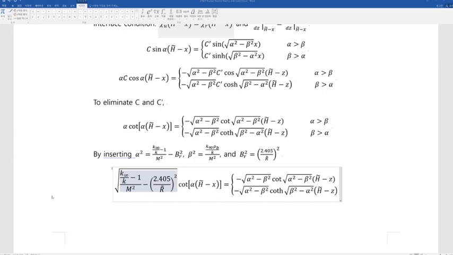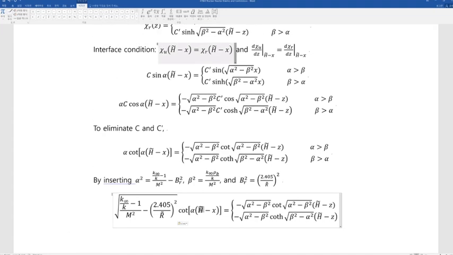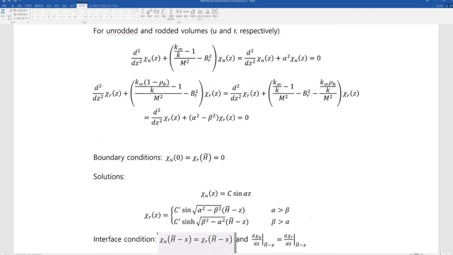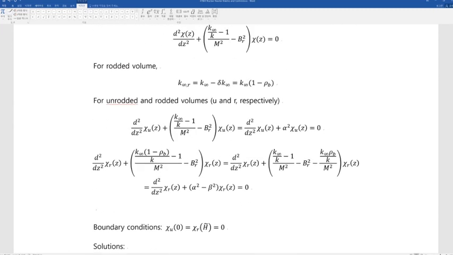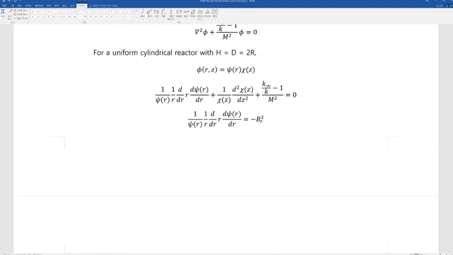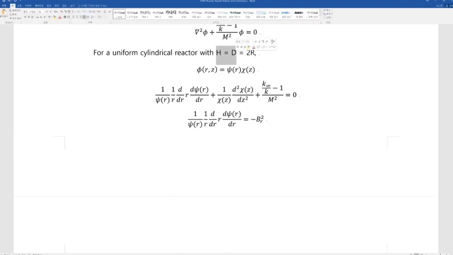Another thing that we need to utilize is the relation between H tilde and R tilde. Previously in the reactor it is assumed that the diameter to height ratio equals 1, so diameter and height are the same.